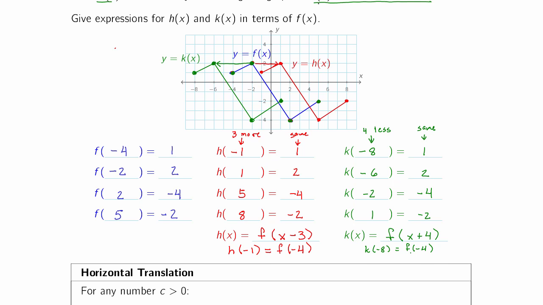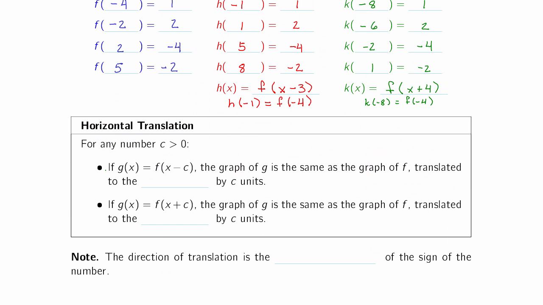So horizontal translation, if we have f of x minus c, that means we need to translate c units to the right. If we have f of x plus c, that means we need to translate c units to the left. So if we subtract something, that's a translation to the right.